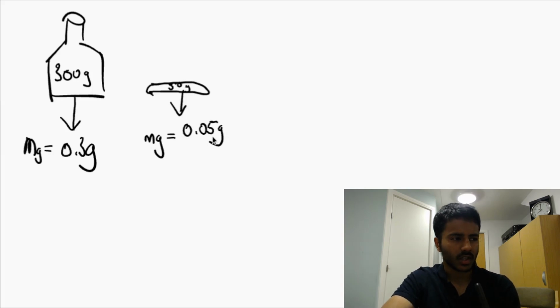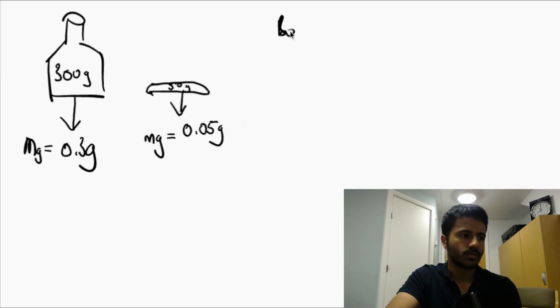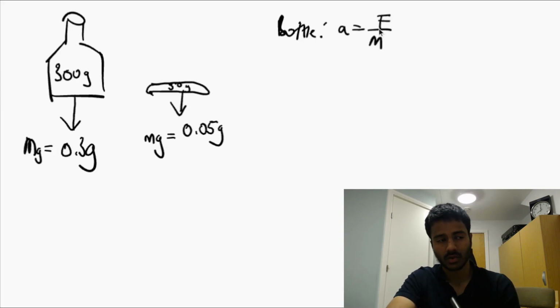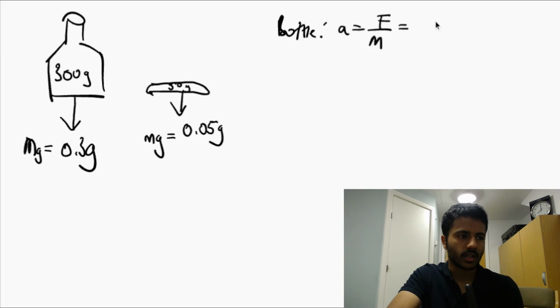So if we wanted to find out the acceleration for each of these objects, we look at the bottle. We know that F equals ma, so if we rearrange it, we get a equals F over m, where F is the resultant force. We get 0.3 g over the mass, 0.3, so we just get g.